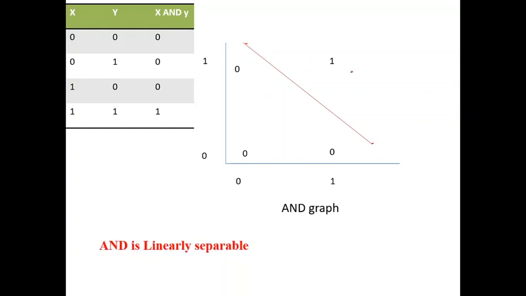In the same way, you see the OR gate. Everyone knows about OR values. 0 or 0 is 0, 0 or 1 is 1, 1 or 0 is 1, 1 or 1 is 1. Now you represent it with a graph. 0 0 is 0, 0 1 is 1, 1 0 is 1, 1 comma 1 is 1.